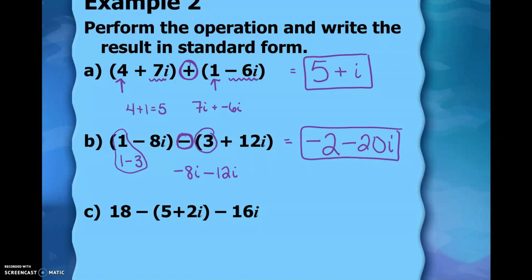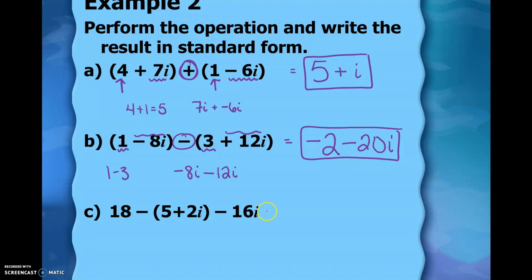It's like terms. Those are like terms, and these are like terms. You just have to use subtraction both times. This one, minus sign, this one, 1 minus 3, this one, plus sign, that one.